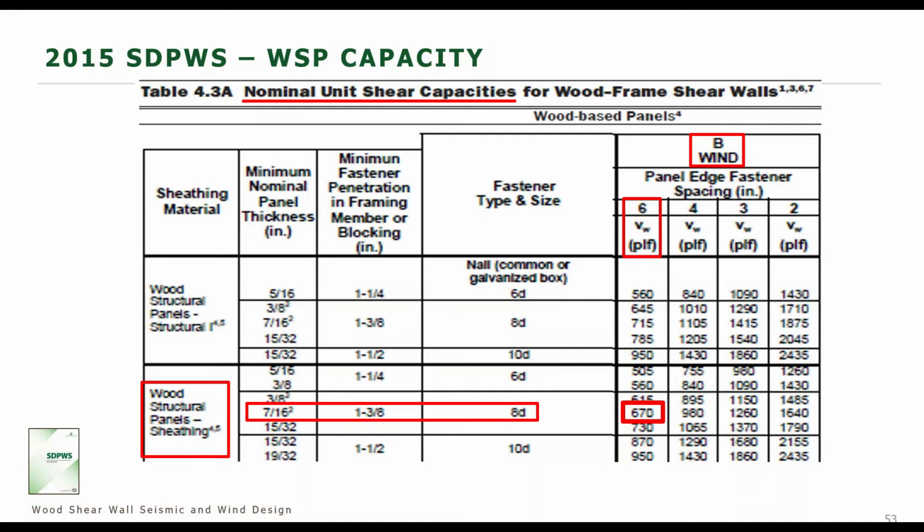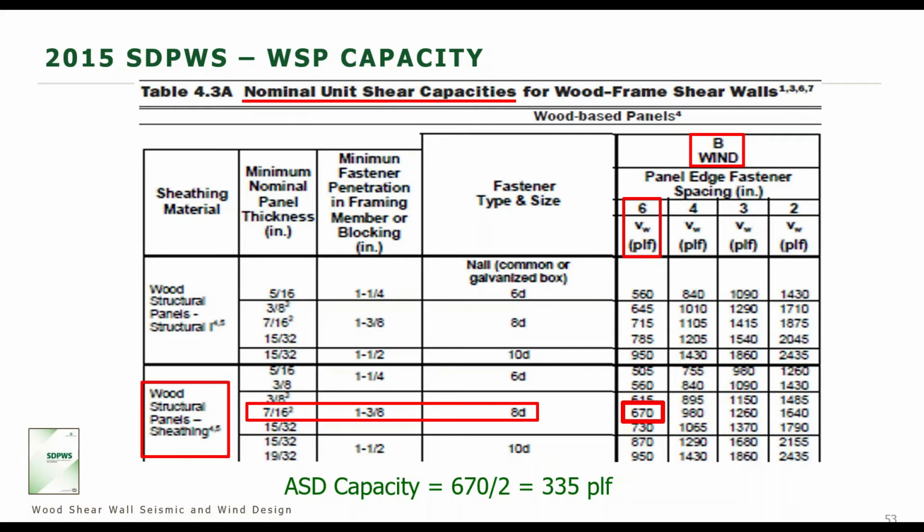So to convert them to an ASD basis, so we'd have an apples to apples comparison, if you will, on the design from the WFCM, we divide these capacities by 2. There's a different way you would convert them if you were doing an LRFD design, and that's all specified in SPDWS, so you can take a look in there if you have further questions.